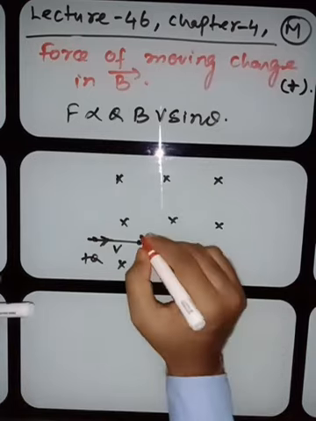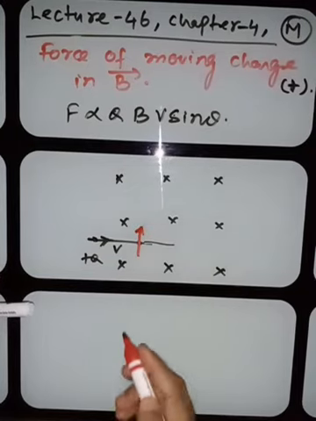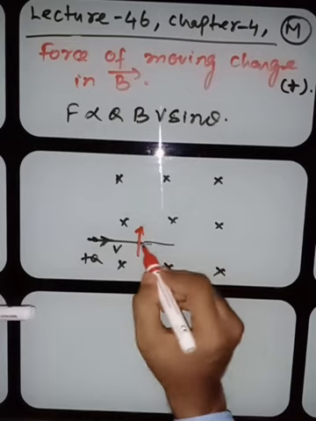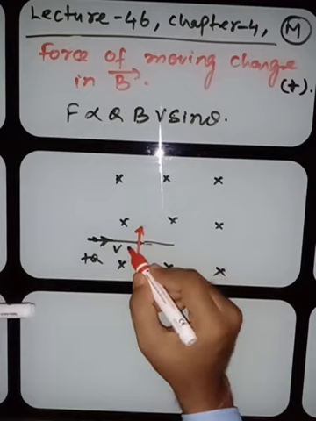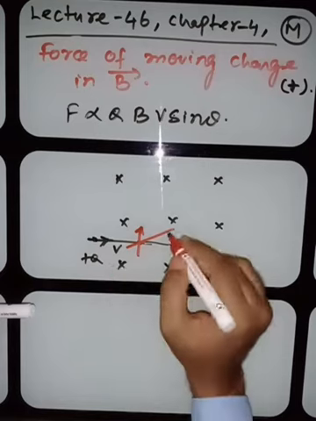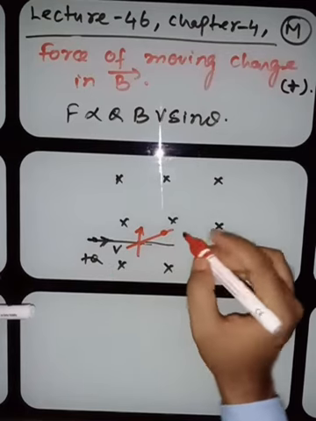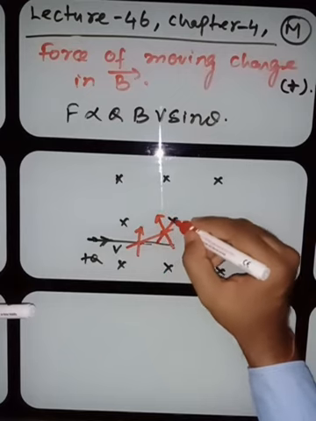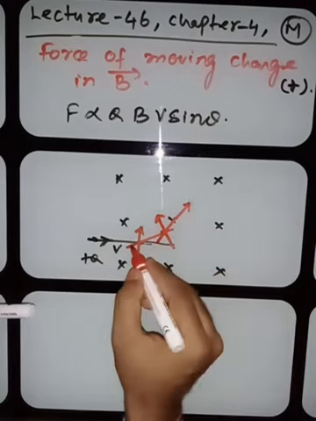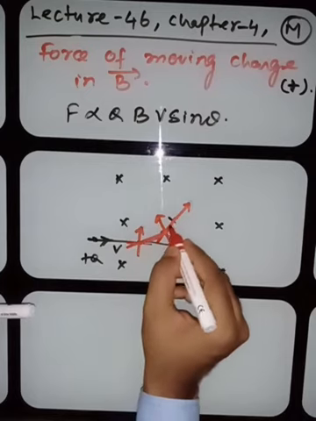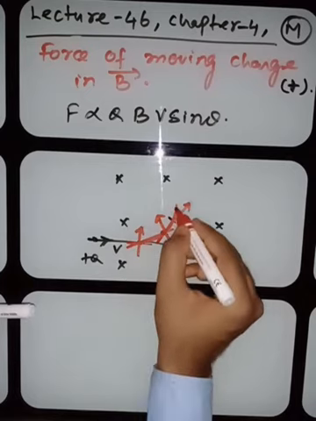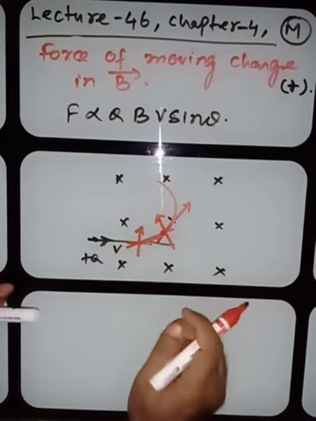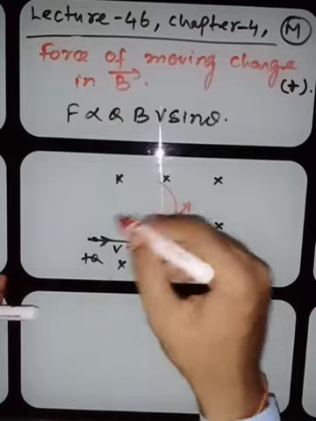Force actually acts perpendicular. As the charge is going, due to perpendicular force, what will happen? Due to some component of velocity, the charge will deflect. Now it moves some distance. Again the force will be perpendicular. Again it will deflect, and so on. So you can see this charged particle is turning, and it turns continuously because a force is continuously acting. That's why this charged particle starts moving on a circular track.